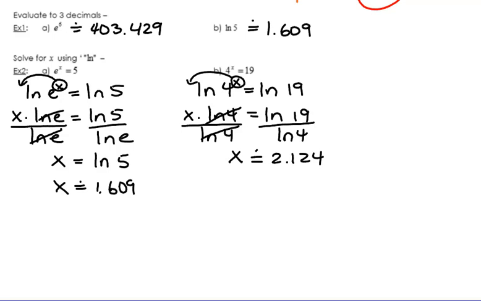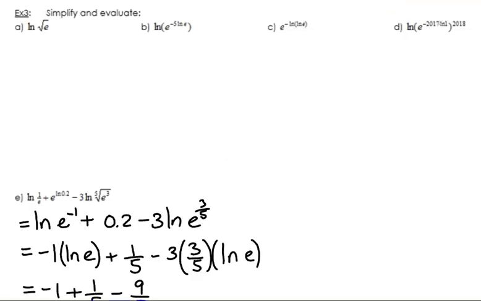Okay, now let's practice a little bit more simplifying before we get into derivatives. This actually requires you to remember some of the properties. So this is ln root e, and we're just going to simplify and find the answer.